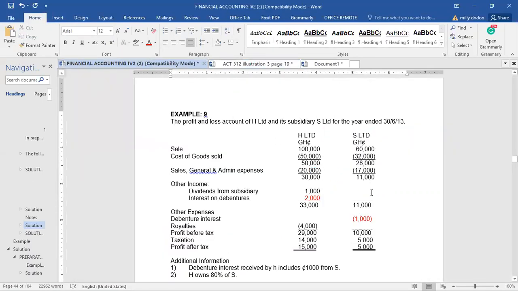This is the subsidiary S. Take S's after tax profit. That is S's profit after tax. After everything, this is the profit the shareholders will be sharing. So H is entitled to 80% of this. The minority is entitled to 20% of this. So if it is the minority proportion that we want, then strike 20% on this. Then you know how much profit is accruing to the minority.